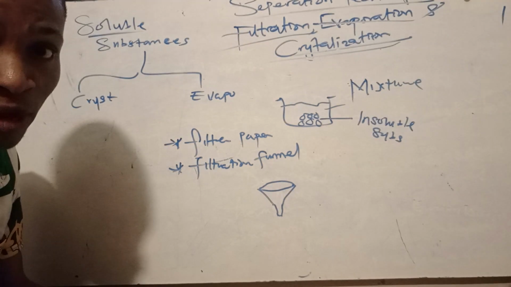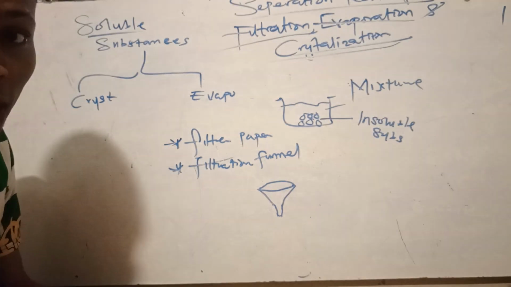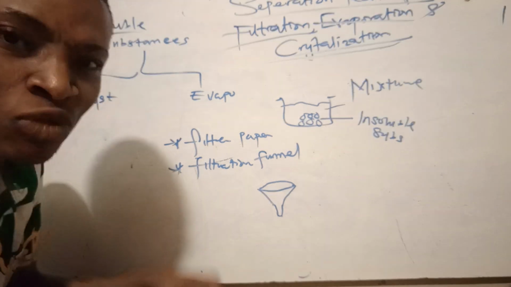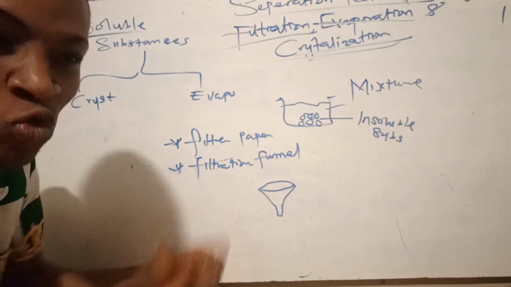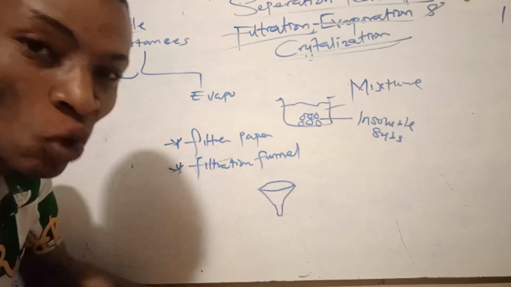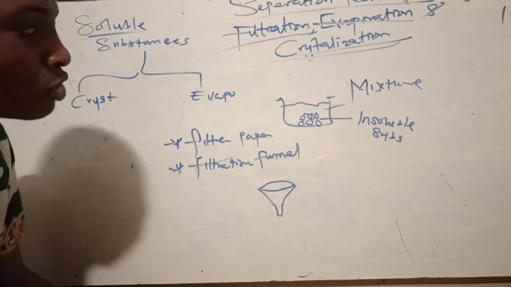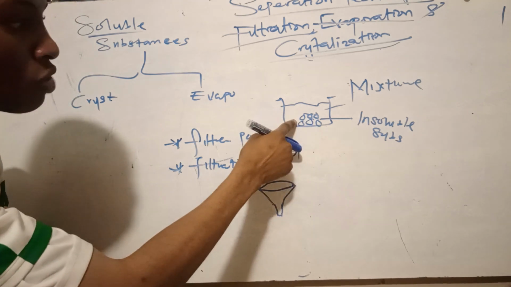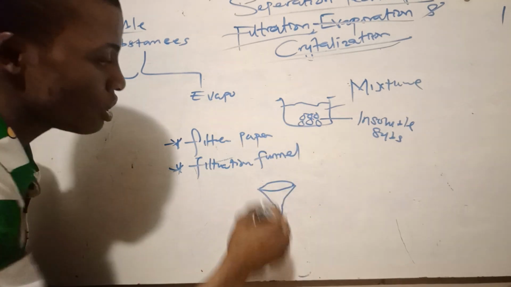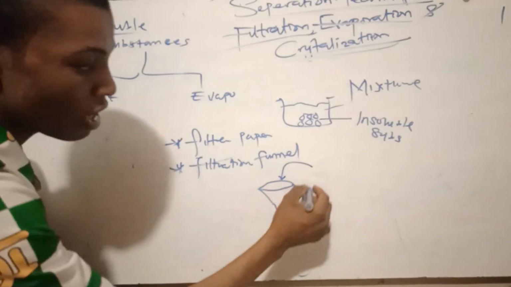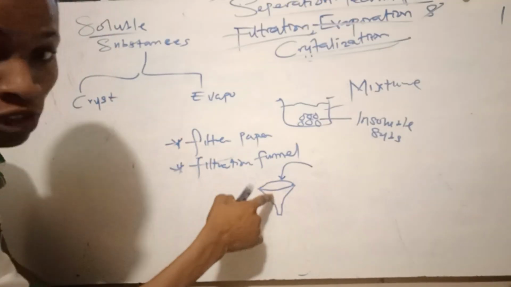So filter paper is a paper that we use to separate. It contains very, very tiny holes through which solid particles can never pass. Only water can pass. So if you use it to separate this solid, we just pour it into this funnel. You have already put the filter paper on the top of this funnel.